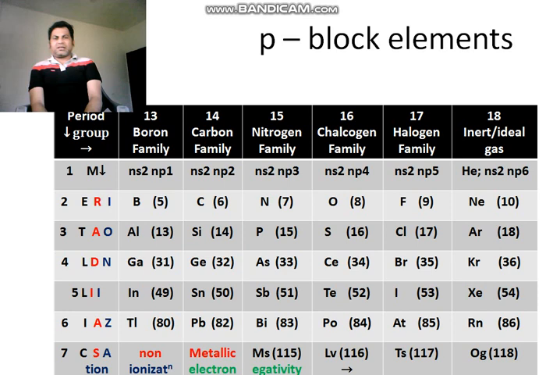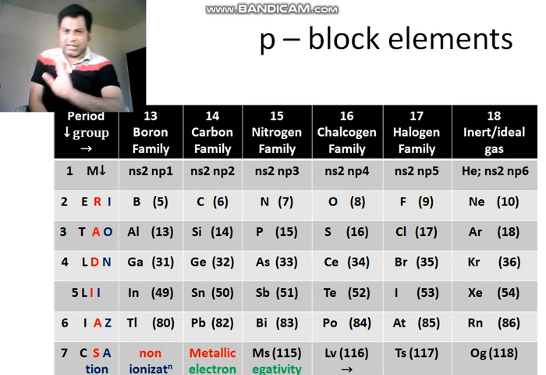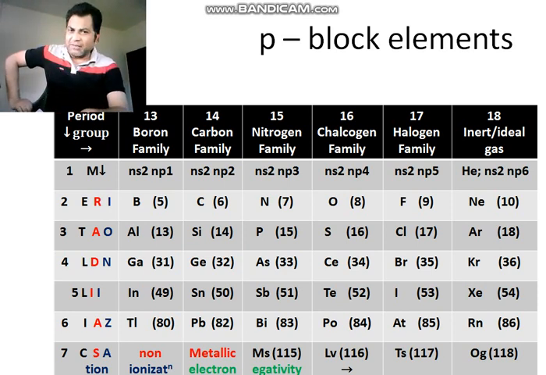Here, what you have to remember, these things are important: their atomic mass, their atomic number, and according to that, their reactivity. Groups 15, 16, 17, 18, these elements are very important. First of all, we have to remember this much.